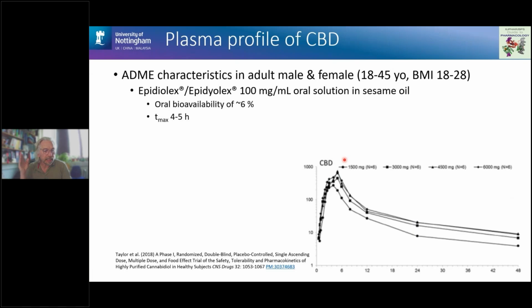The Tmax is the interval between when it's administered and when it reaches its peak, and classically, that's 4 to 5 hours. So it's a slow absorption. The maximal concentration, the highest concentration that's achieved, with the lowest dose used here of 1,500 milligrams, is around about 300 nanograms per mil, around about 1 micromolar.